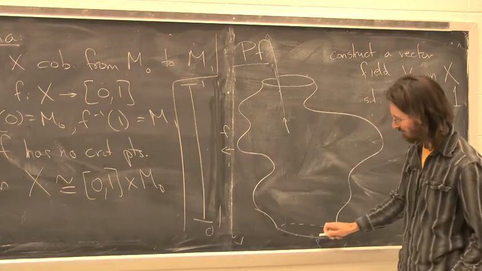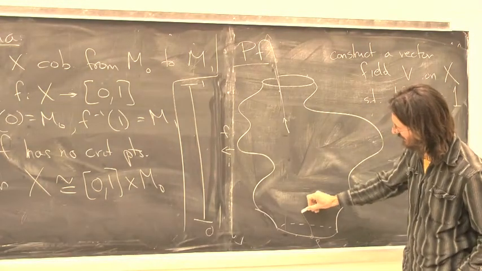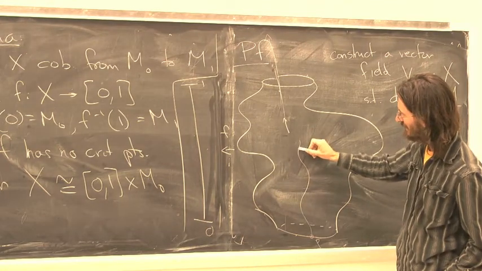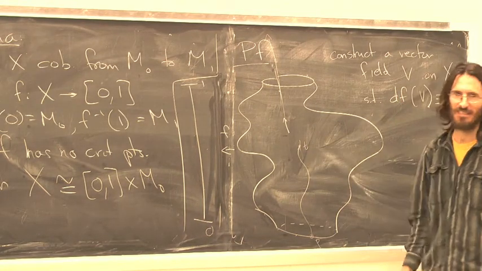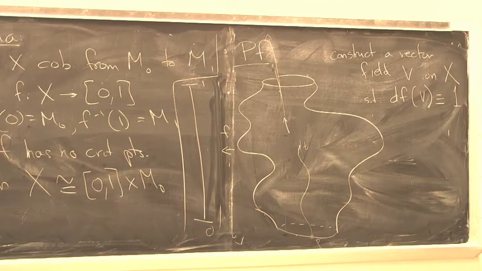It'll go to the place you get to by starting at P and flowing along the vector field V for time T. And that'll be the diffeomorphism.